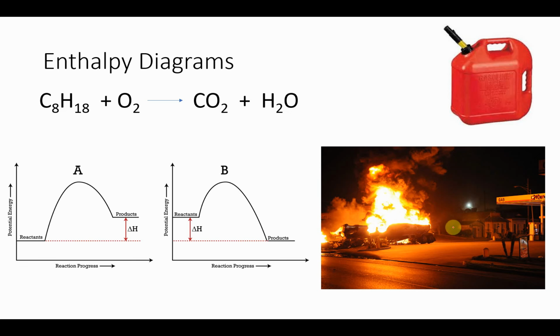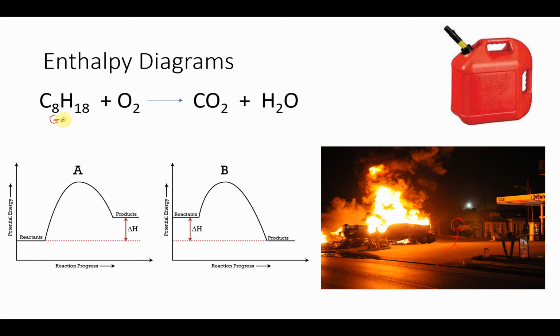Well, if we imagine what's happening here, and it's always important to draw yourself a scenario of which way the heat is flowing, because it will help you figure out which diagram is correct. So if you imagine that you're standing here and this gasoline that's in this truck is undergoing a reaction, and the type of reaction it's undergoing, of course, is a combustion reaction.